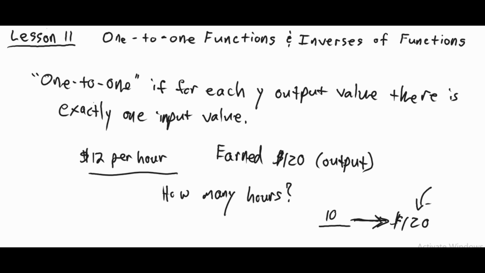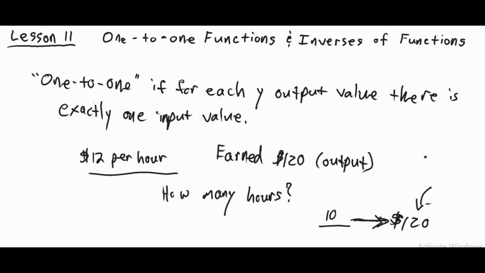Okay? And so the question really now is, is there a different input value that could result in $120, or is 10 hours the only amount of hours that could result in $120? And we know that 10 hours is the only input of hours that can result in $120.